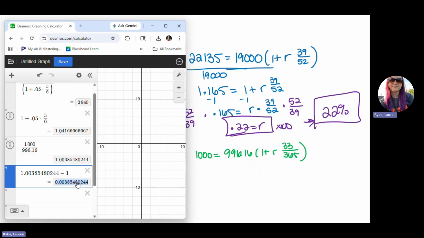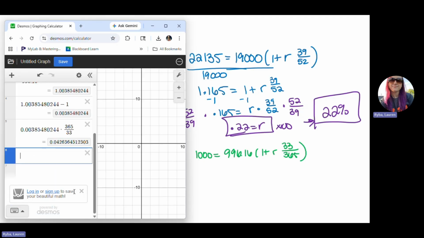So then I can take what I got and then multiply by the reciprocal. So times 365 over 33. And then I didn't round anywhere in my work until I get to the final part here. So 0.043.